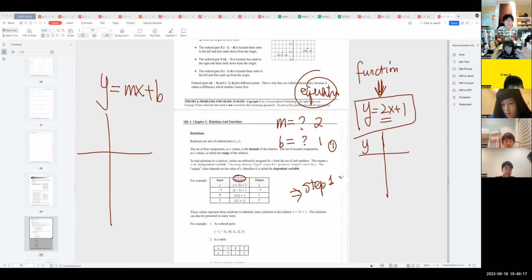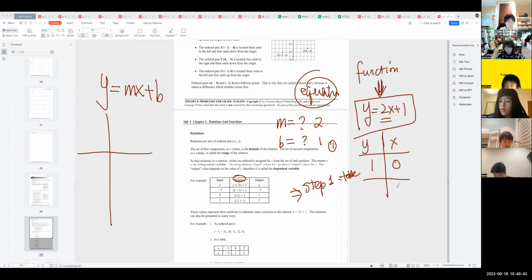Step 1, table. What is a table? I have an output, I have an input. When x equals 0, Vicky, y equals what for this function? 1. Very good.